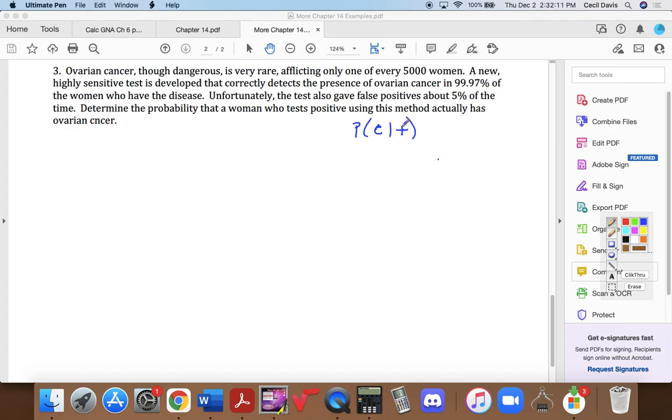All right, I'm going to make a table. Actually, even before I do that, that's the probability that they have cancer and have a positive test divided by the probability that they have a positive test. So those are the two things I need. So I may not need to get every single value in the table.